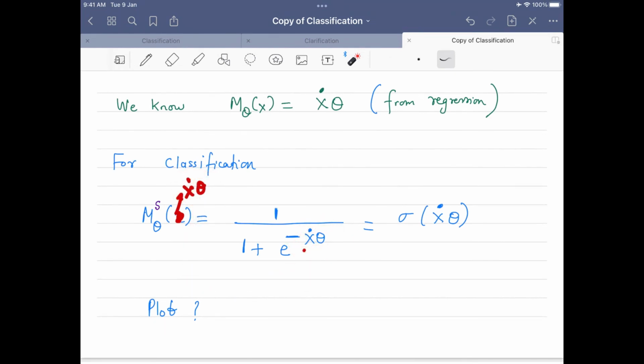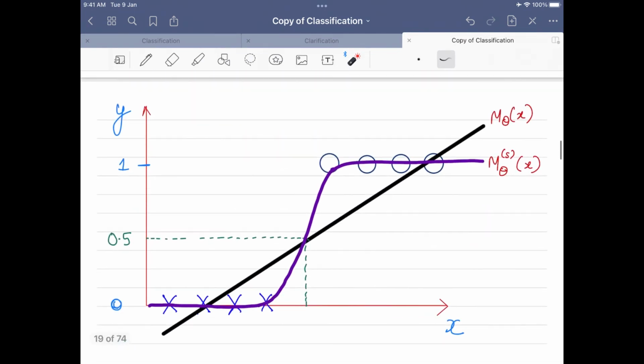I write it with s in the subscript, M theta x dot theta, s, to show that it is the smoother version of the original model where we started out with the unit step. This smoother function is given by sigma of x dot theta, and the plot will look like this.